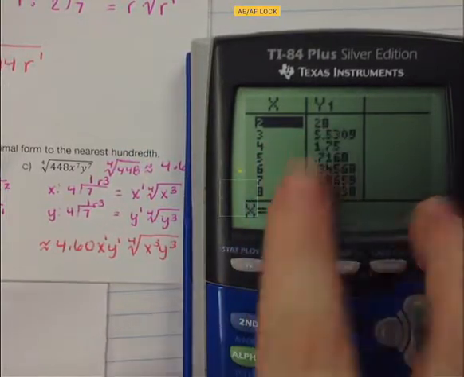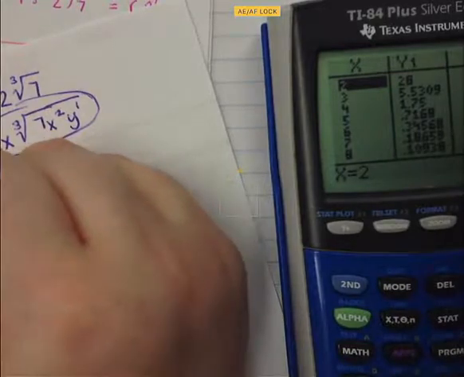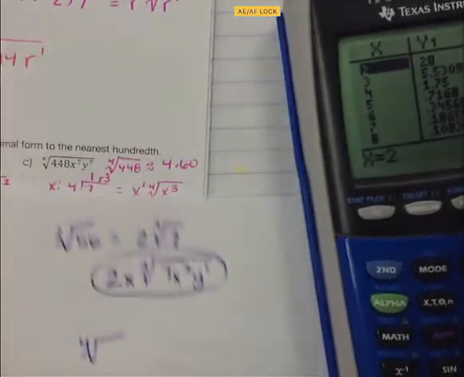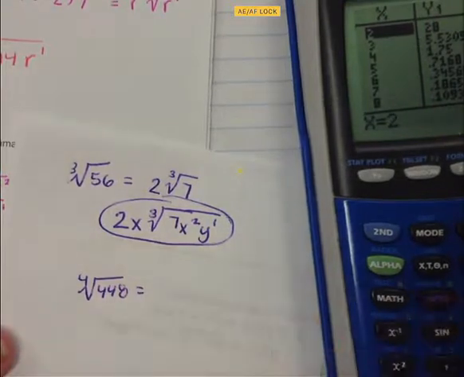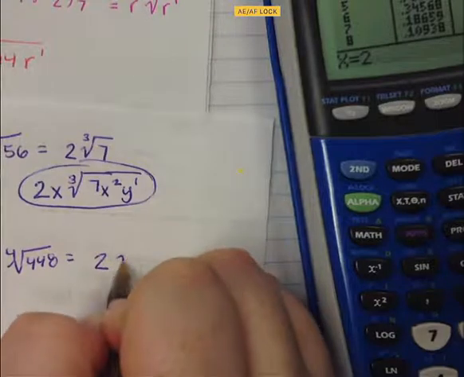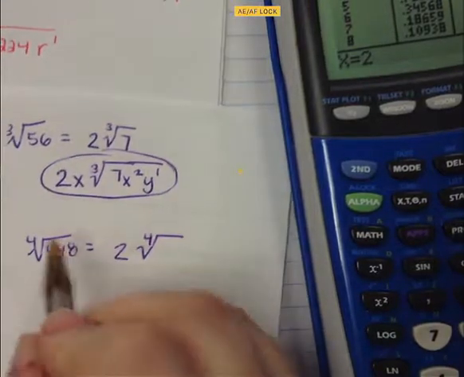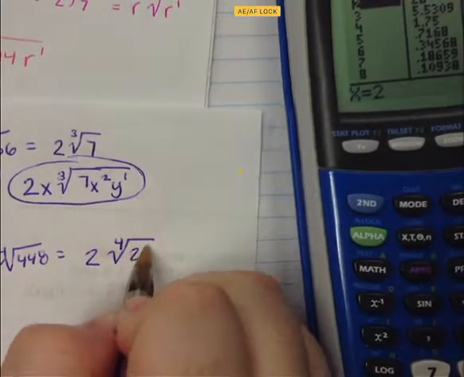So it's 2 and then 28. So what that means is the fourth root of 448 is actually equal to, the coefficient is 2. The index is still the 4, because I keep the index, and then the radicand is the 28.